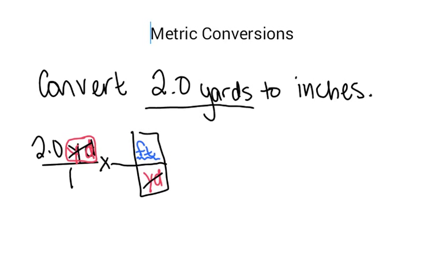And now you can fill in the numbers. This is something that you do in the metric conversions as well. Our brains like to think about how many littler units fit into a bigger unit. And that's why we know that for every 3 feet, that's the equivalent of 1 yard, because yard is the bigger unit. Now the problem asks you for inches, but right now we still have feet.